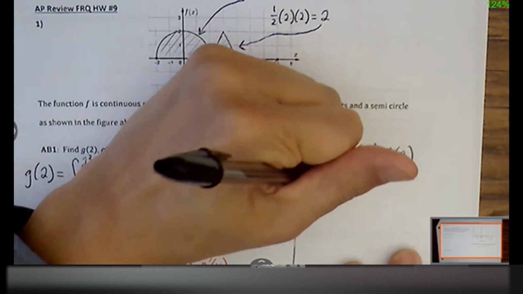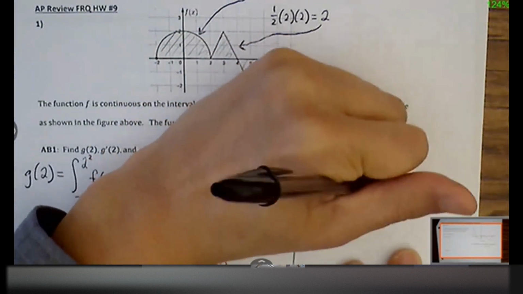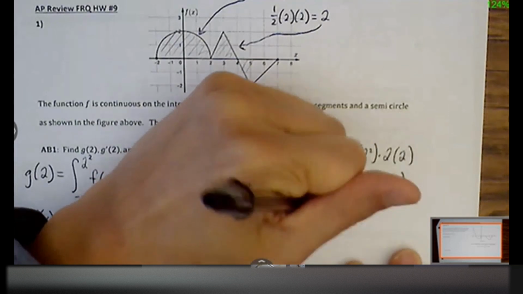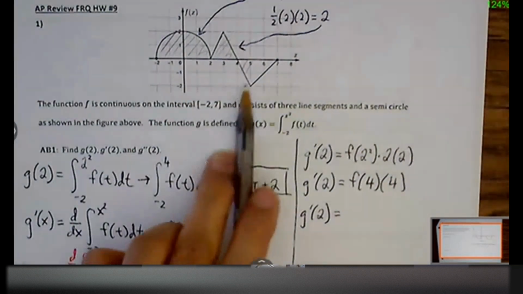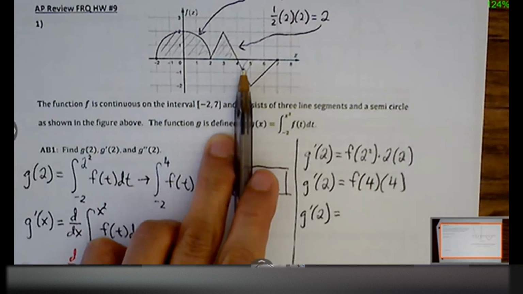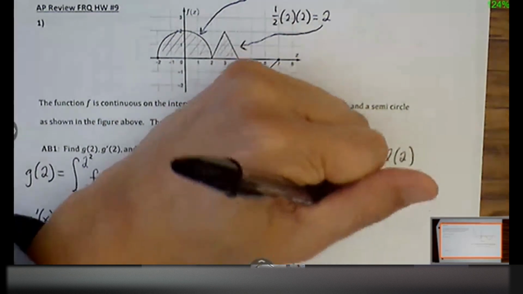So g prime of 2 is just going to be f of 4 times 4. For f of 4, I just need to pull information from the graph. And f of 4 is simply 0. That's just the x-intercept there.